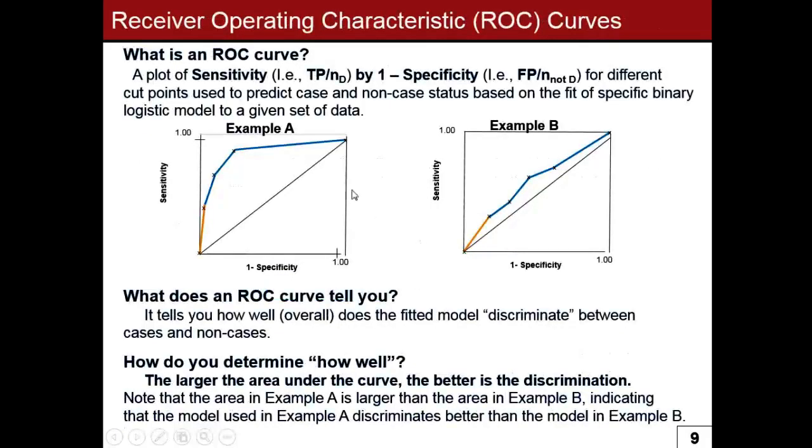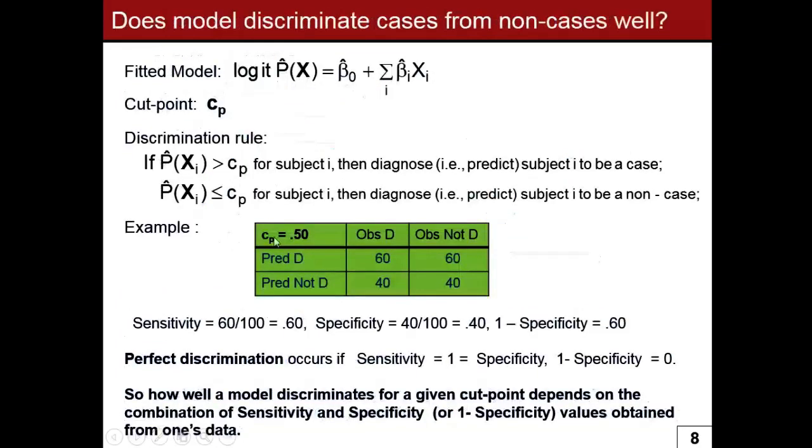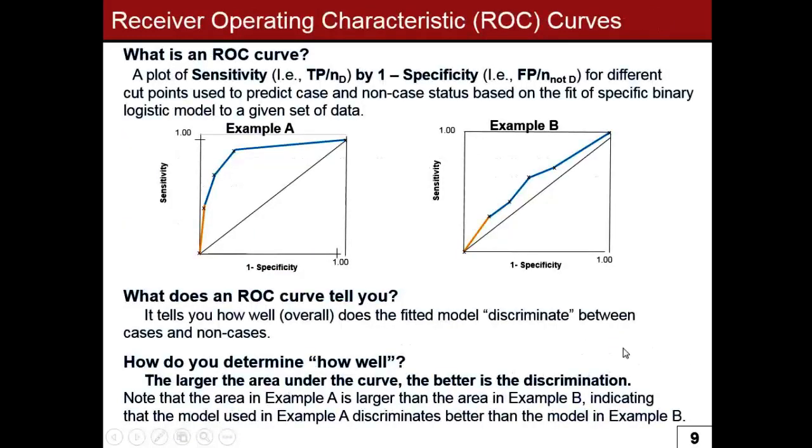So each dot is, at a given cut point, the sensitivity versus the 1 minus specificity. For example, this 0.5 is going to correspond to some point on the graph where there's a 0.6 and a 0.6 for sensitivity and 1 minus specificity. That would be the cut point at 0.5.